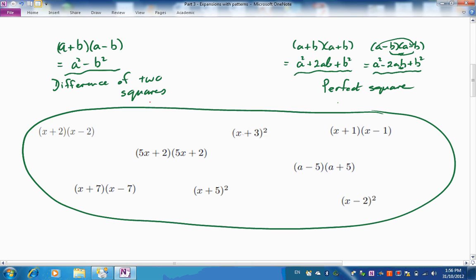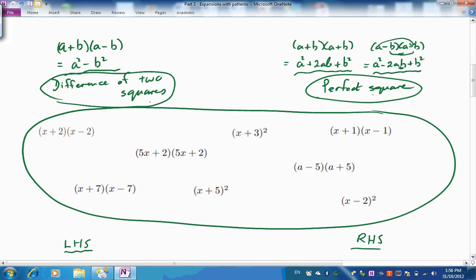What I want you to do down over this side, on the left-hand side, I want you to write down all the ones that are like this, a difference of 2 squares. And over on the right-hand side over here, I want you to write down all the ones that are perfect squares.